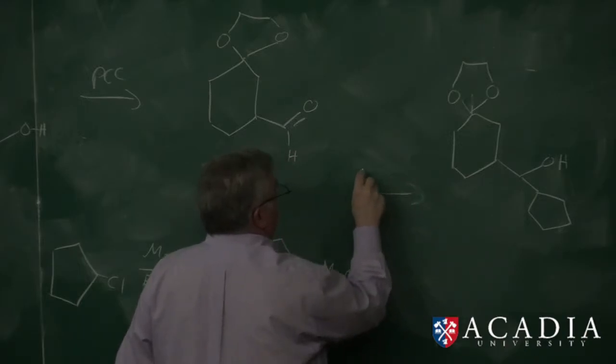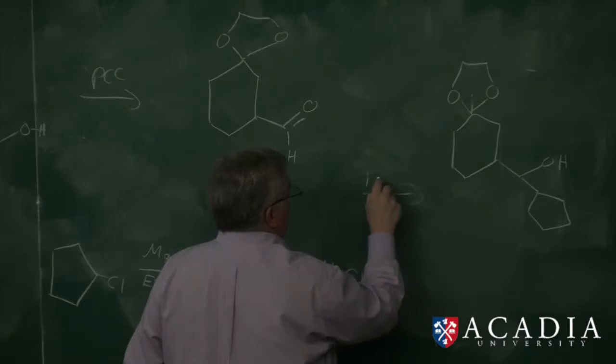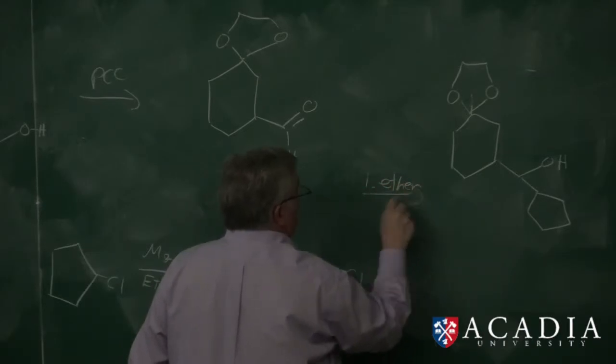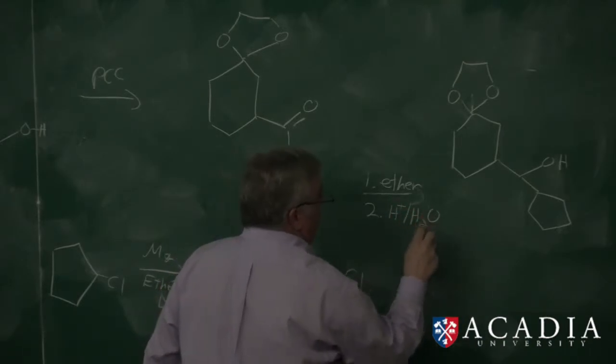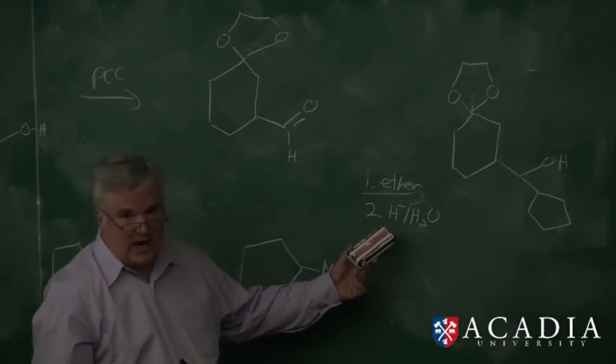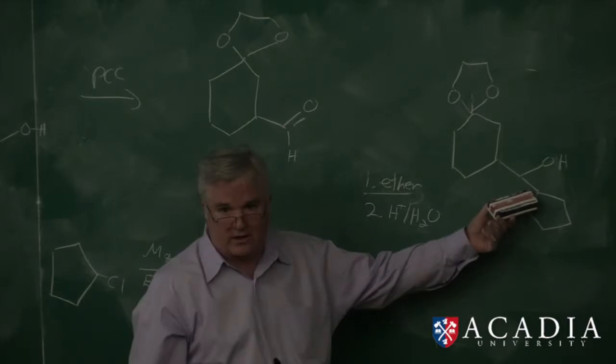So I'm going to, 1, in ether, 2, H plus H2O. And in fact, that's the nice thing about this reaction. That's all going to happen at once. You're also going to deprotect this when you work this up.